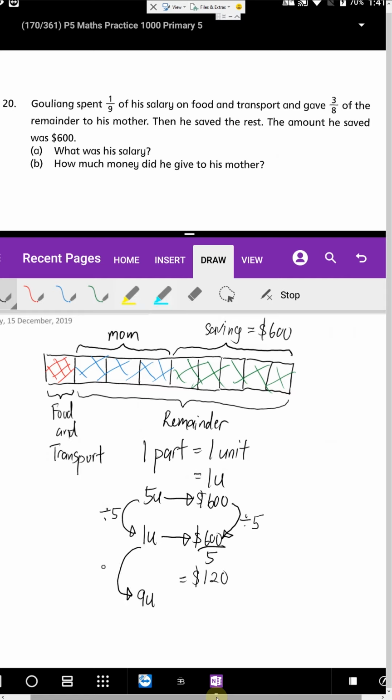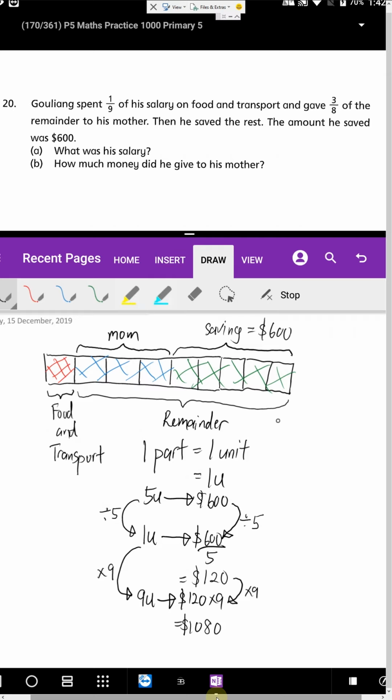You just need to times 9. So what do you get here? 120 times 9: 9 times 0 is 0, 9 times 2 is 18, carry 1, 9 times 1 is 9, plus 1 is 10. Okay, that is $1,080. That is the salary.